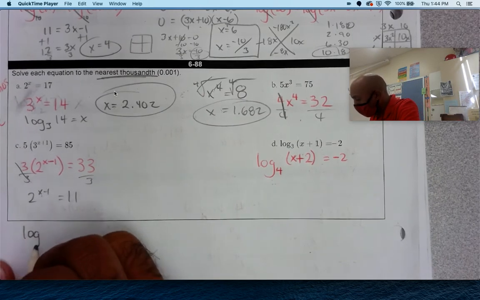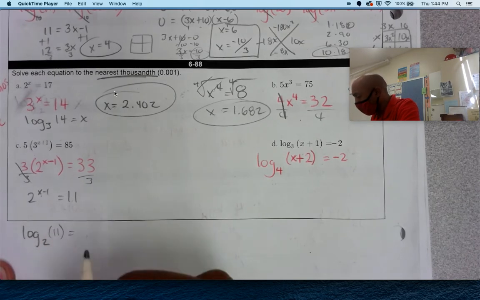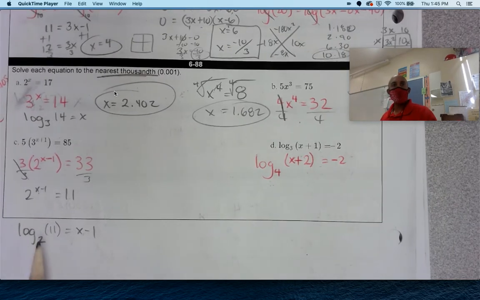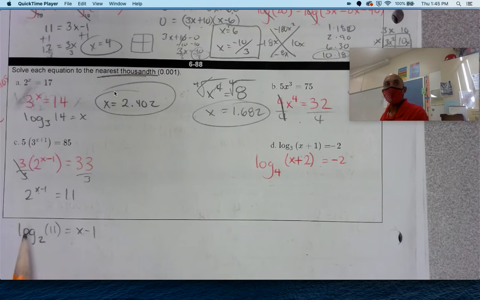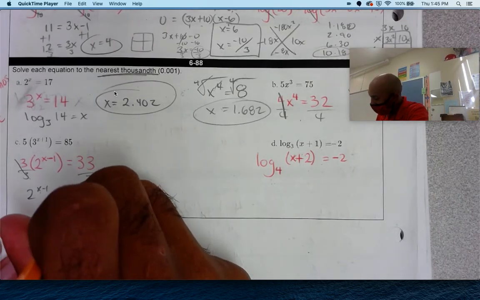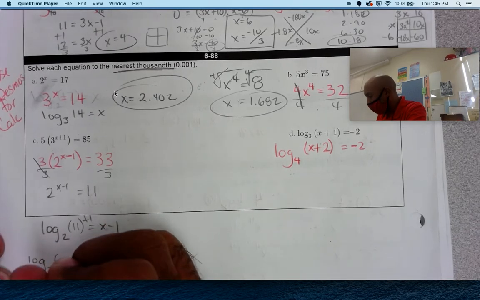So log base 2, the a is 11, and then your e goes on this side, which is x minus 1. Okay, so I can plug that in the calculator, but I need x to be by itself, so I'm going to have to take the log base 2 of 11 and then add 1 to both sides. So what this looks like is log base 2 of 11.